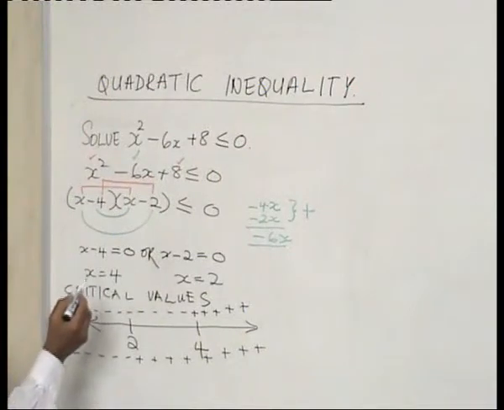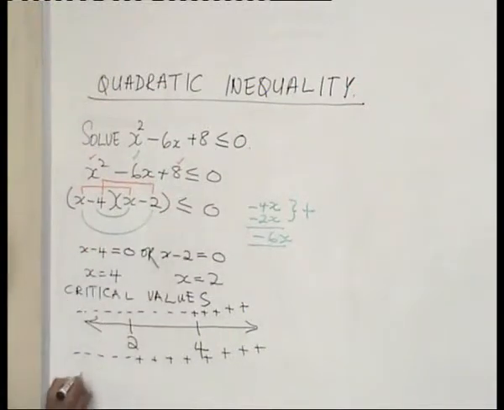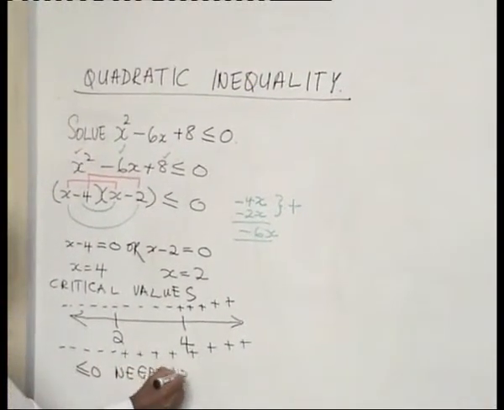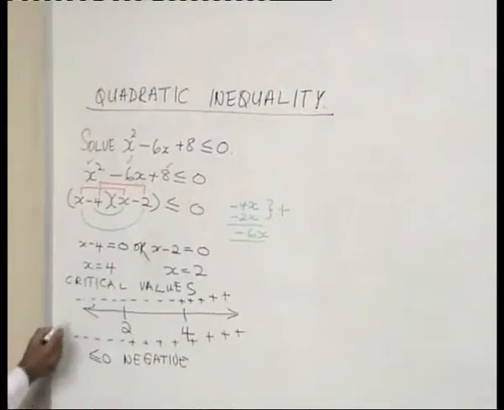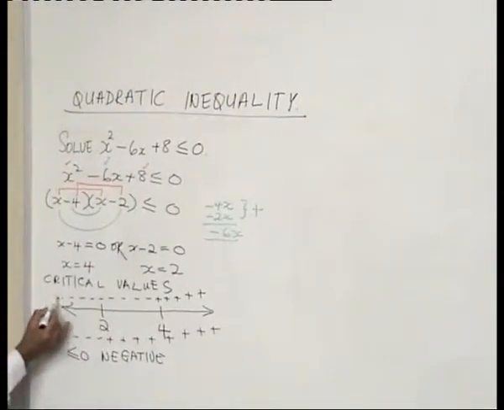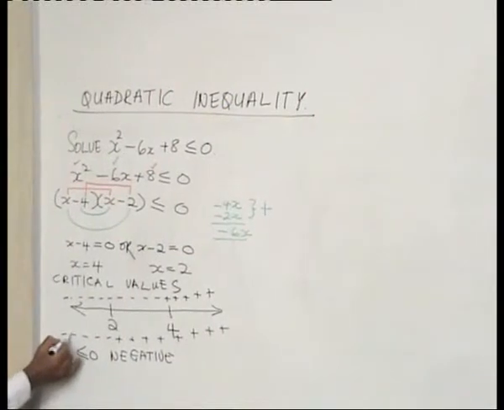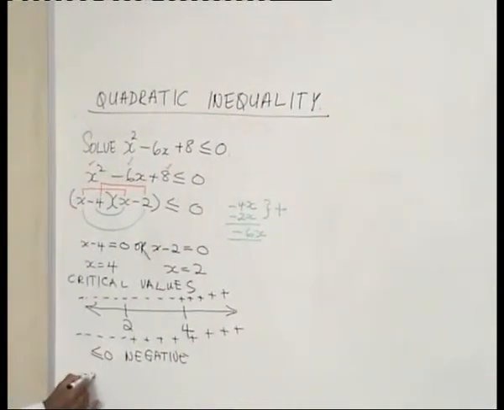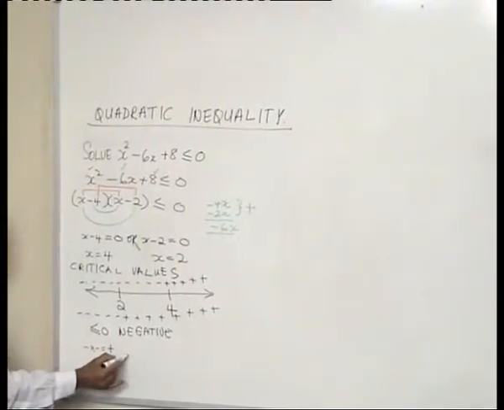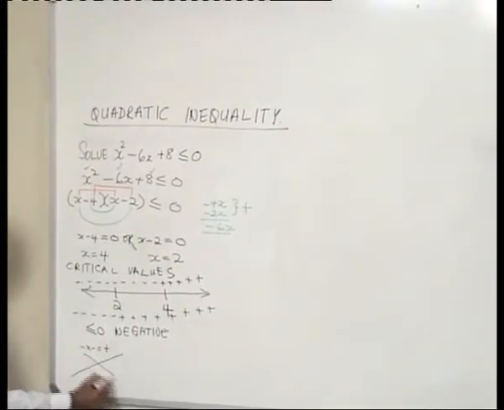Right. And then we study the sign. We are looking for less than 0. That means we are looking for negative. So we look at the signs. On the left of 2, it is minus times minus. So minus times minus gives me plus. Therefore, the answer is not here.